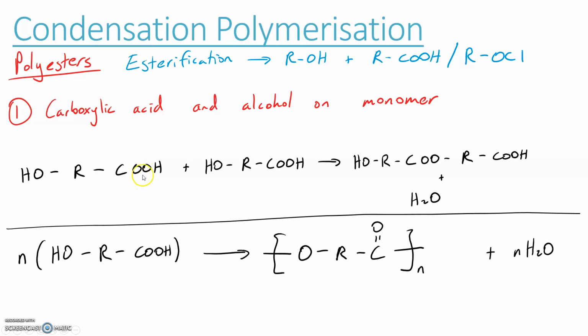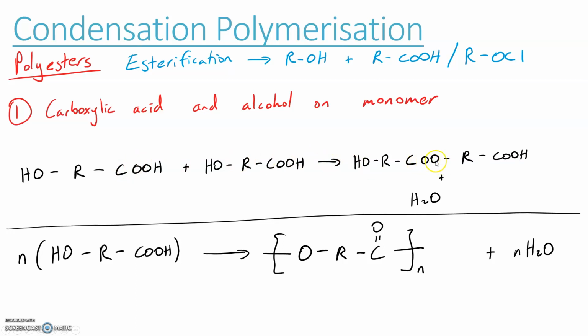So the carboxylic acid molecule splits here, and we split the alcohol group here, and we take out this H2O, and this O bonds to this carbon here. This O here is carbonyl oxygen, so it has a double bond to this carbon. So we take out this O, this H, and this H, and bond this O to this carbon. And we see that here, right?